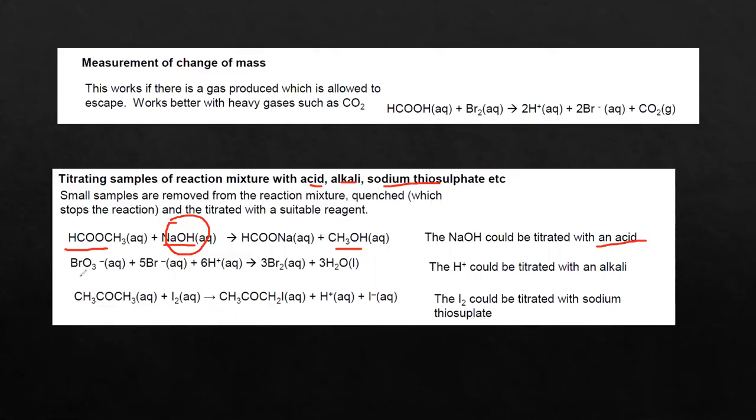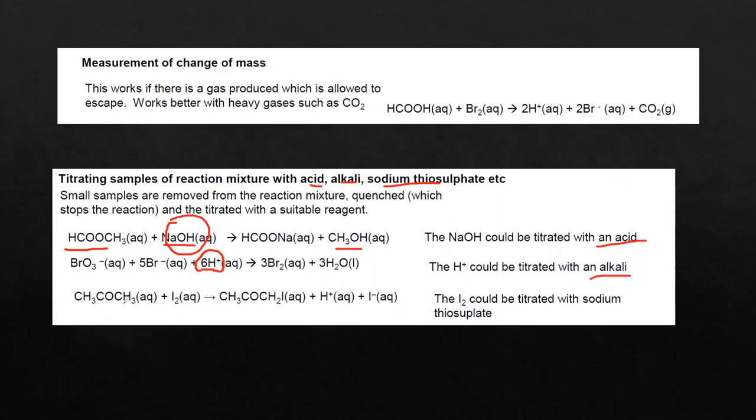This is a bromate(V) ion. This is just an ionic equation, not a complete equation. It can be sodium bromate(V) reacting with bromide ion in the presence of acid. H+ is there, coming from the acid, so this H+ of an acid can be neutralized by an alkali.